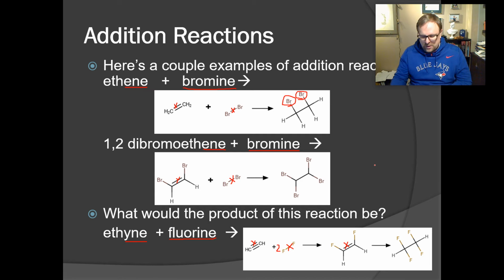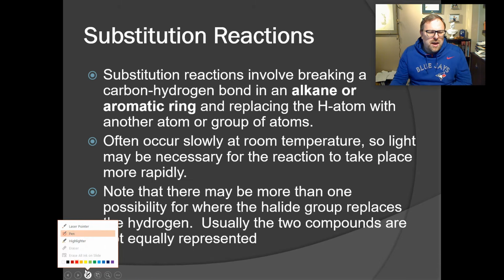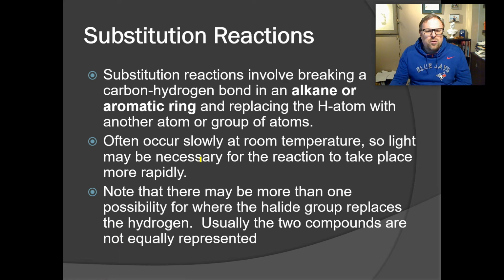The last kind of reaction that we're going to cover today is a substitution reaction, and involves breaking a carbon-hydrogen bond in an alkane or an aromatic ring. So automatically, we've got another way to recognize that we're dealing with a substitution reaction. In an addition reaction, we were dealing with an alkene or an alkyne. Now we're dealing with an alkane or an aromatic ring.